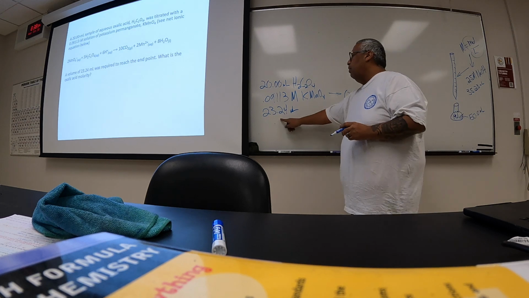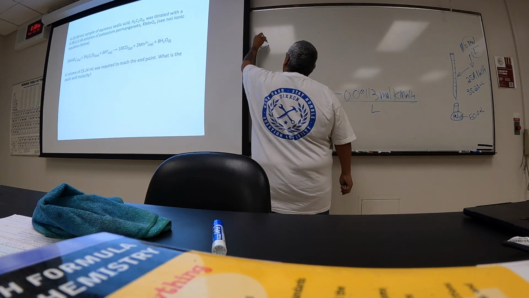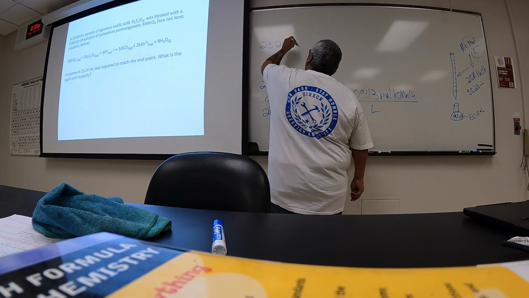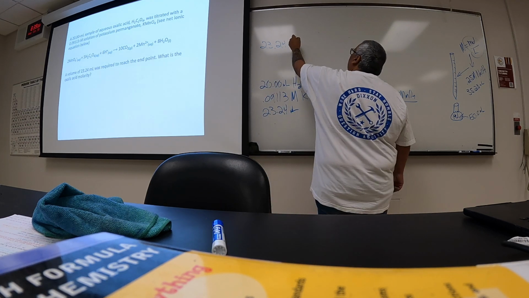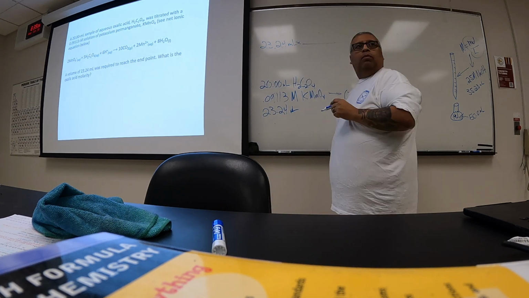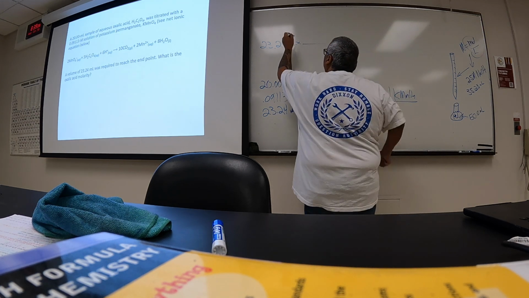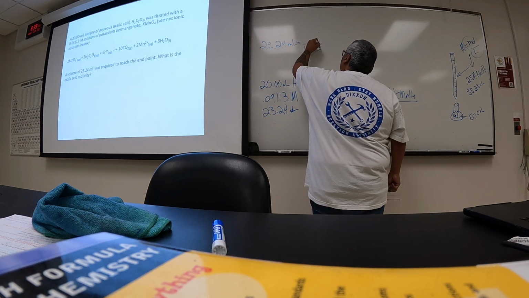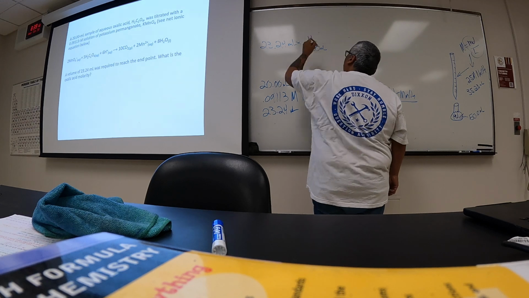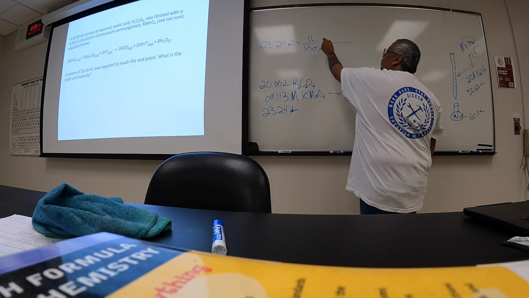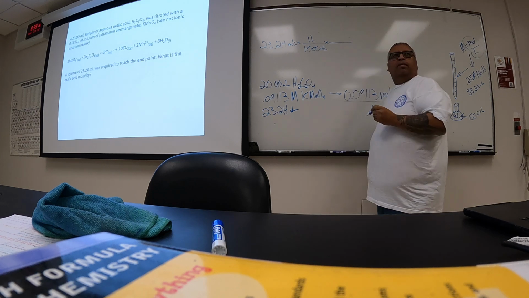Now let's start with our volume here. Our volume is 23.24 milliliters. All right. Our first step from the flow chart said that we're going to convert this into simply just some liters. So for every 1,000 milliliters, we have 1 liter. This unit cancels out this unit.